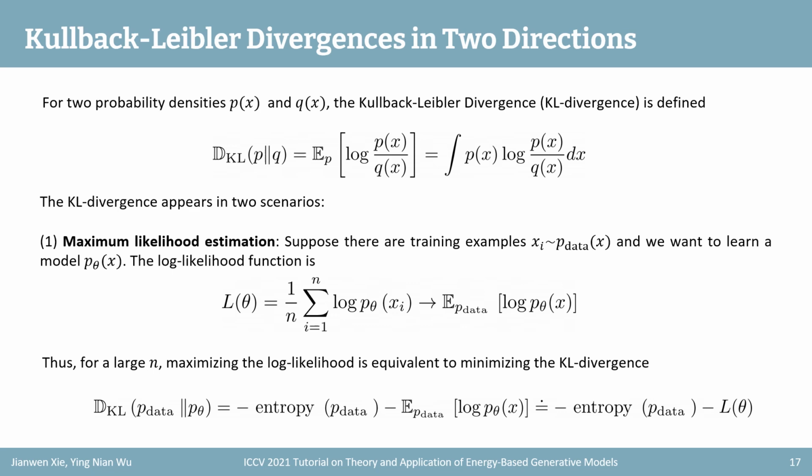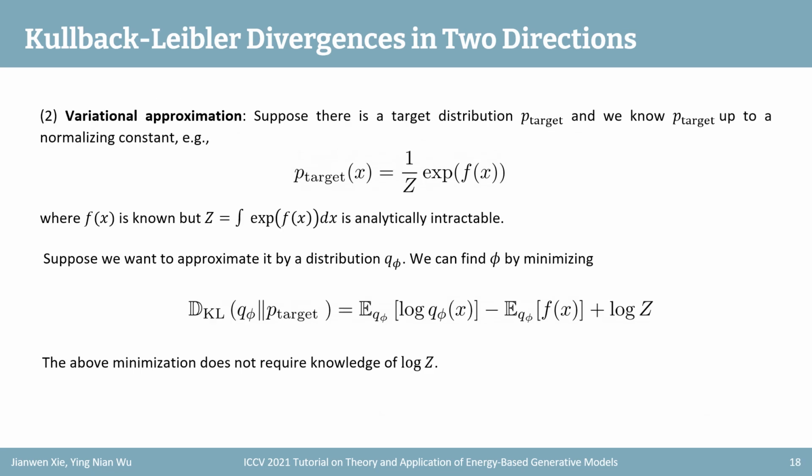The second scenario is variational approximation. Suppose there is a target distribution, P target, which is known up to a normalizing constant. For example, the P target is an energy-based model where the negative energy function f(x) is known. Z is the intractable normalizing constant.